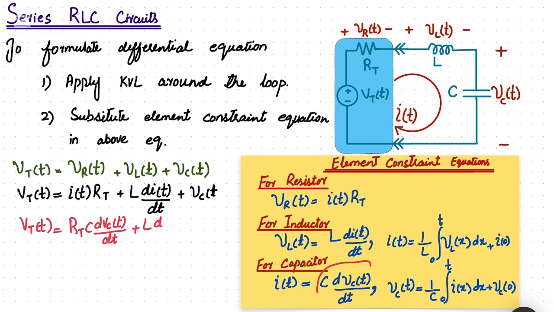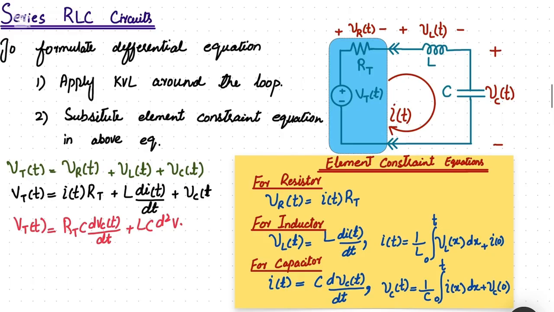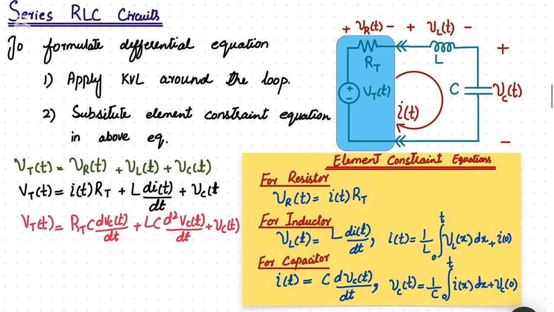When we take the derivative of this equation, it becomes the second derivative. So LC, constant, times the second derivative of Vc of t, plus Vc of t.